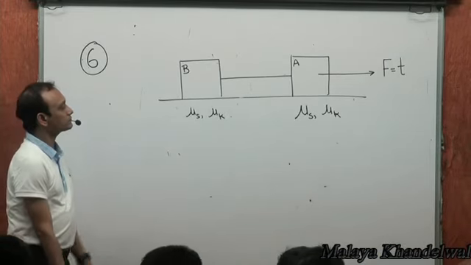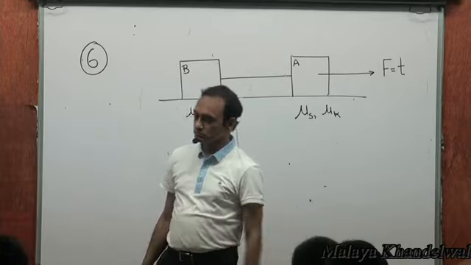Now, initially when I cause this force to grow with time, who takes the brunt? Friction or tension? Friction between A and the ground or tension? Friction will take the brunt, right?